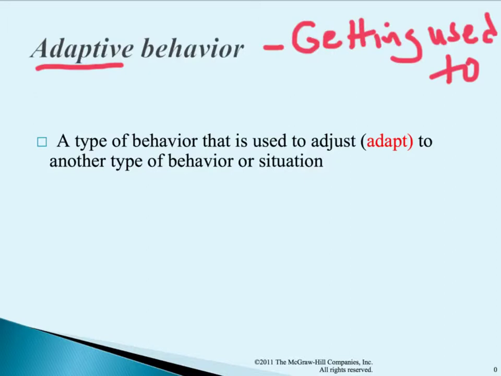And this kind of behavior that those of you who have lived outside your own natural environment, this behavior is called adaptive behavior. So the definition is a type of behavior that is used to adjust, adapt to another type of behavior or situation.